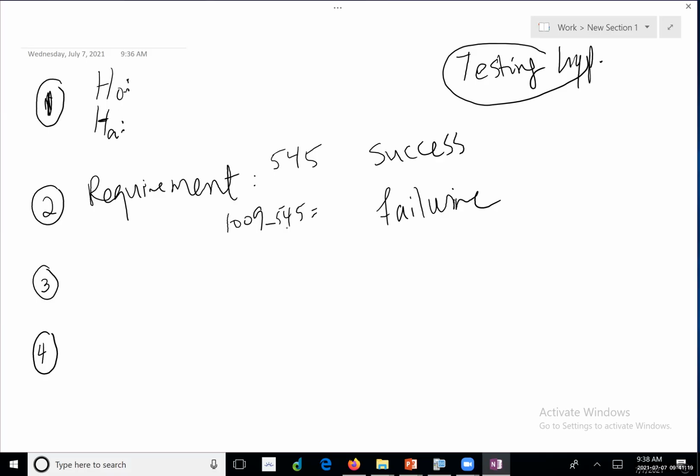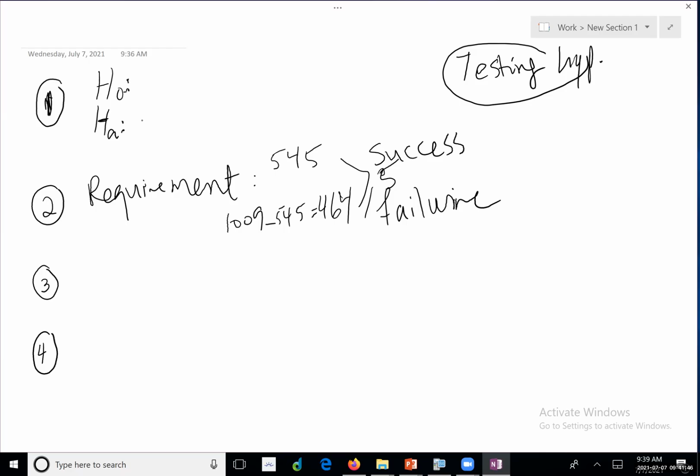What is 1009 minus 545? If anyone has a calculator, that would be 464. So both failures and successes are greater than 5. That's the requirement. Now the null hypothesis.